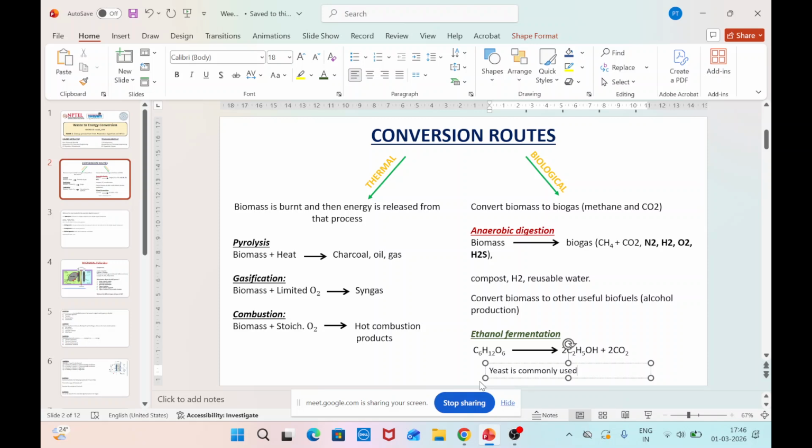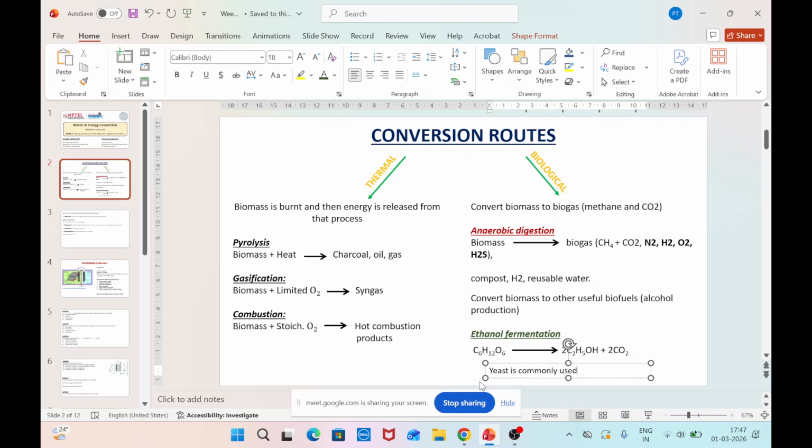That ethanol undergoes distillation, because the ethanol produced through the fermentation process will not be pure. It will actually be a mixture. So to extract pure ethanol from that, you go for the distillation process, and the ethanol gets concentrated.